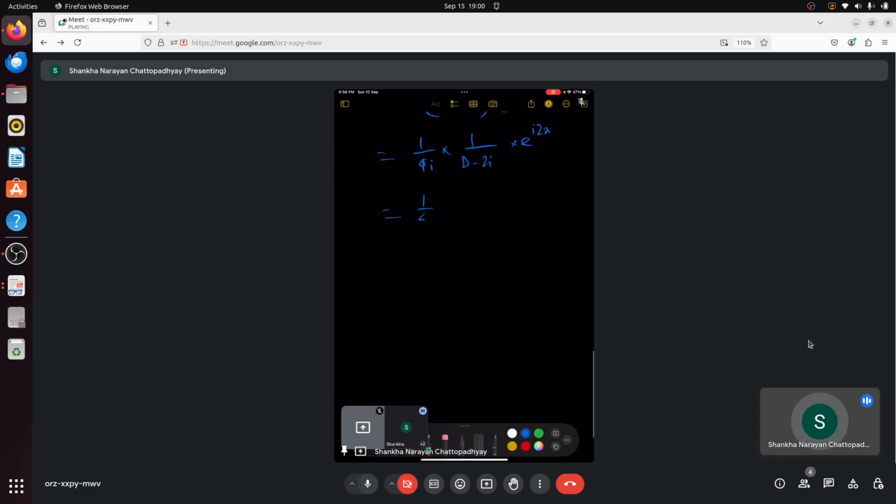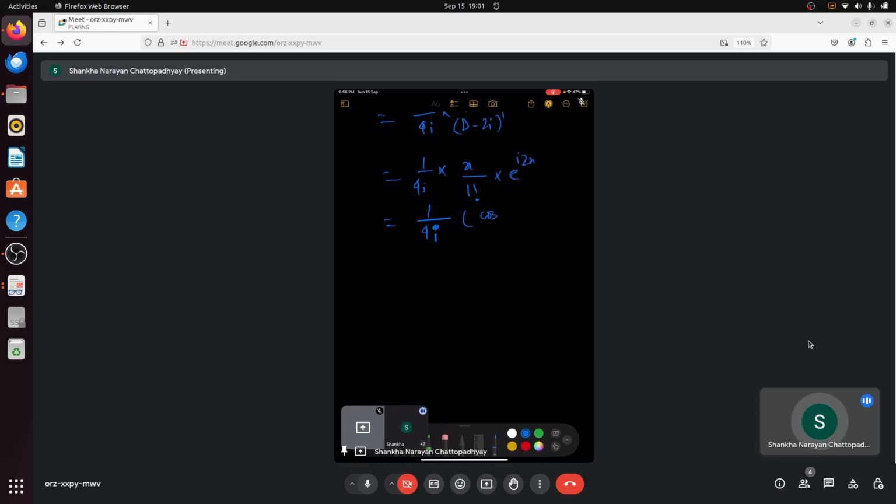That is 1 by 4i, sorry, I was saying i but writing the factorial. So that is 1 by 4i into x to the power 1, this is like (D − 2i) to the power 1, so x divided by 1 factorial into e^(i2x). This is 1 by 4i.